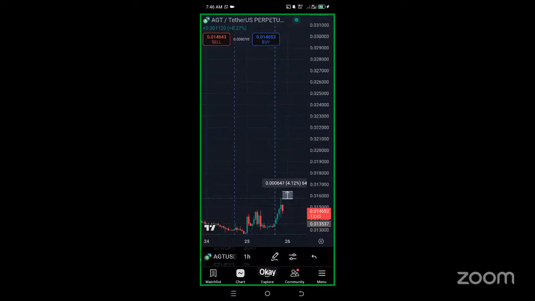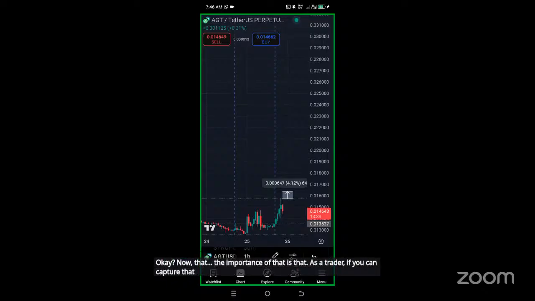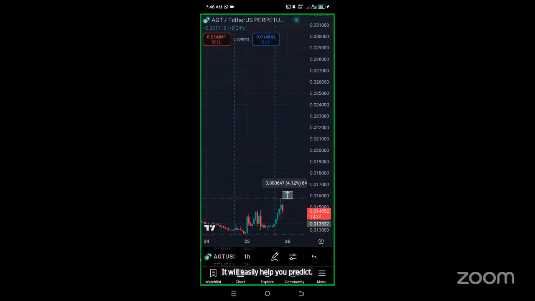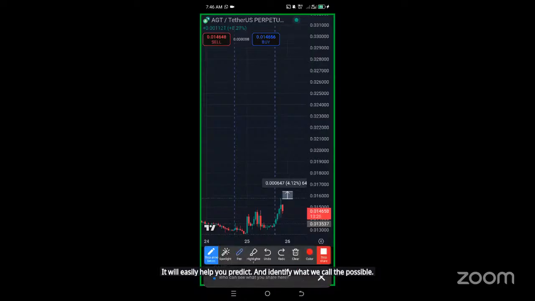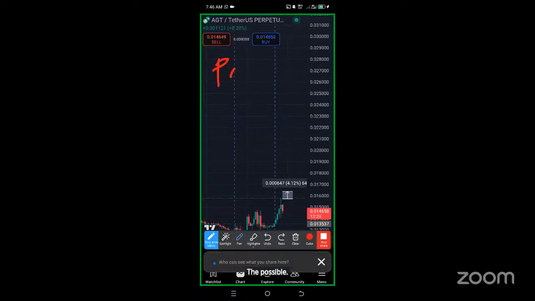Okay? Now, the importance of that is that as a trader, if you can capture that correctly, it will easily help you predict and identify what we call the possible price reversal areas.